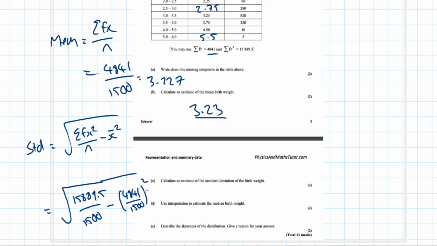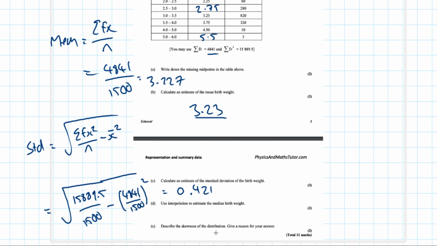Plug this in, we get an answer of 0.4221, and we'll take that as a standard deviation.